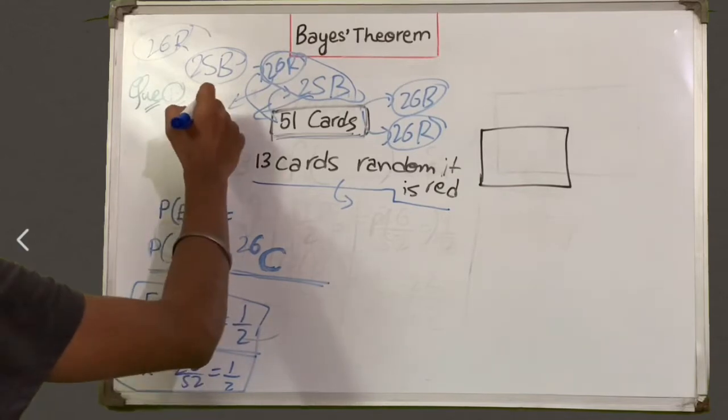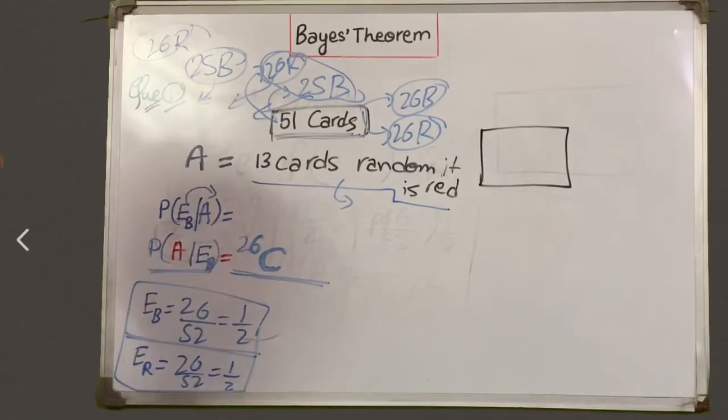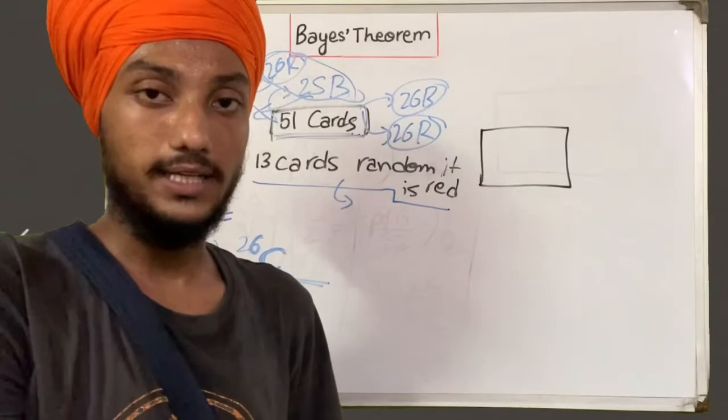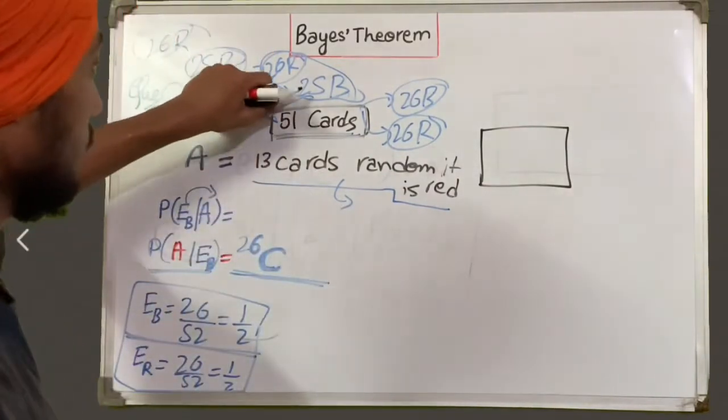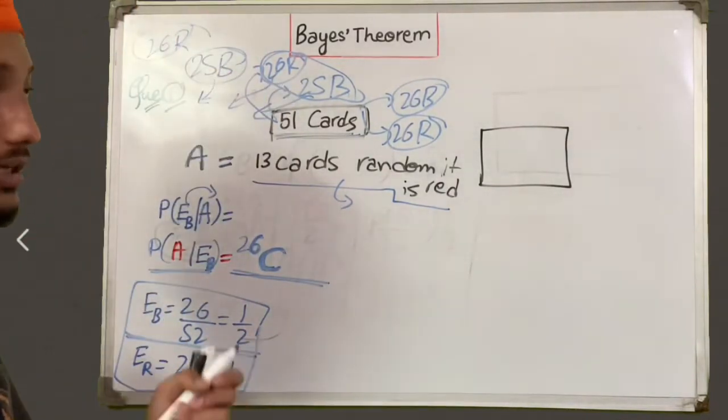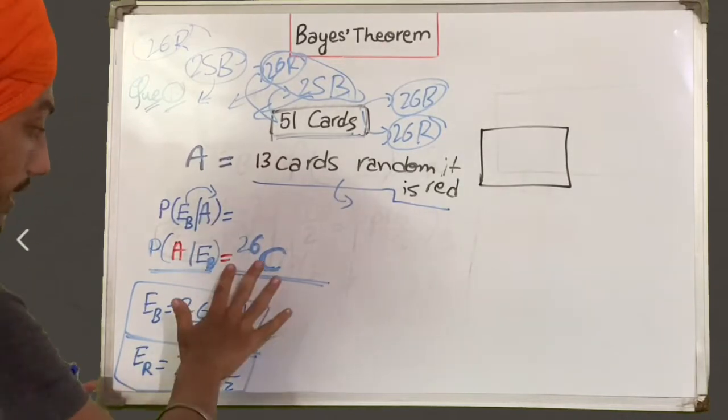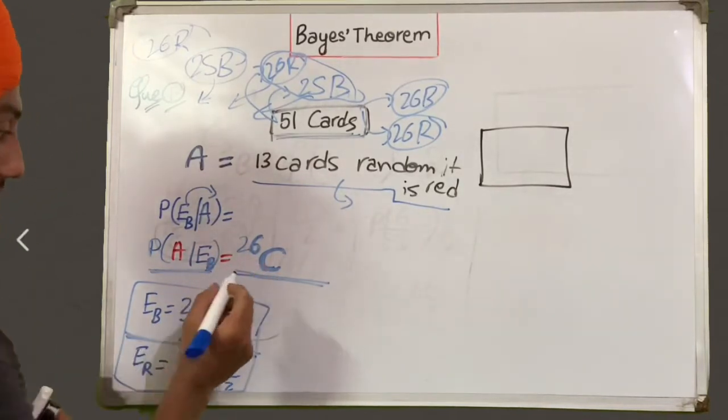So here the case is like that. We have to choose 13 cards from this, and we're going to write the different number of cases in this way. The number of cases should be like that.